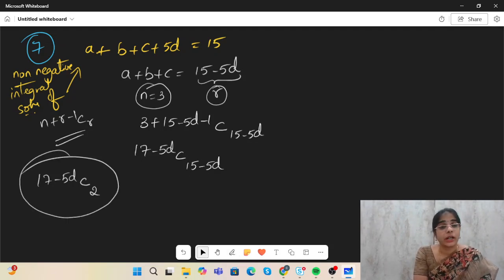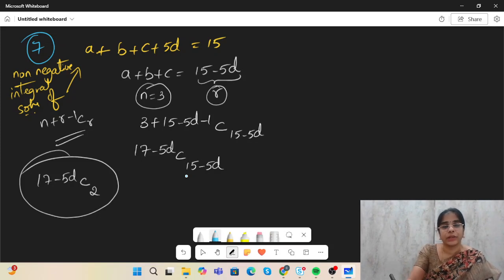Now I don't know what the limits for d are. What can d be taking? So think about it. How can d take values? See, 5d minimum is 0, and max to max, what can d take? I have to frame only 15.